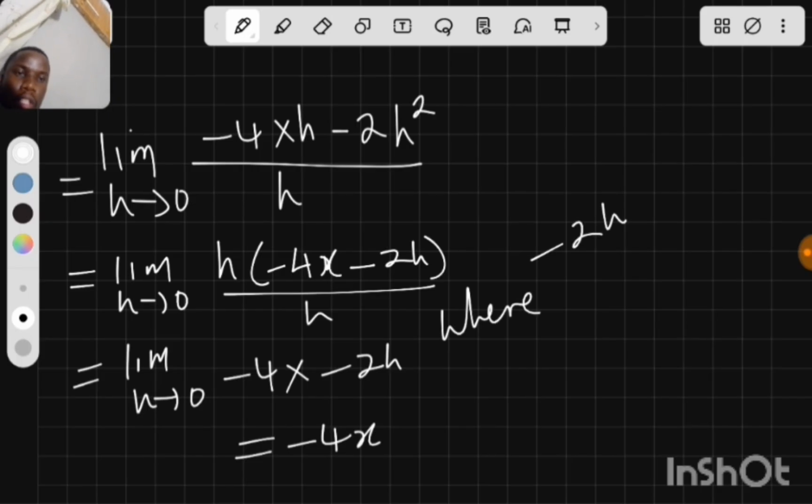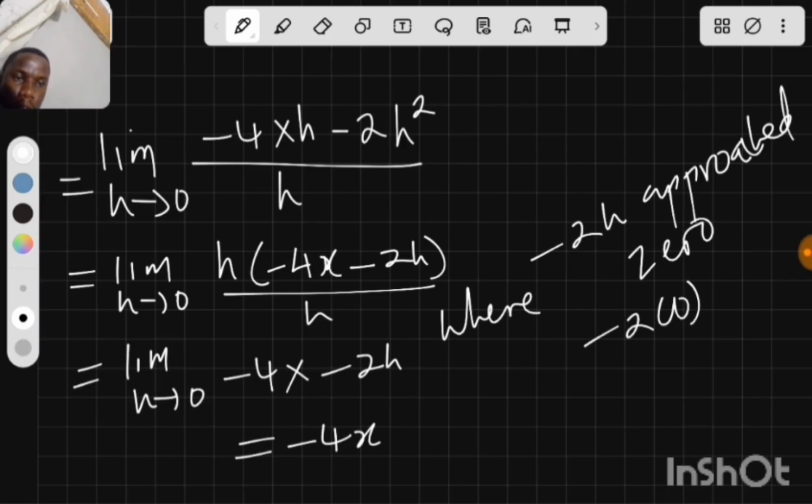minus 2h, where h approaches 0, which is minus 2 times 0, which is equal to 0. I hope you understand.